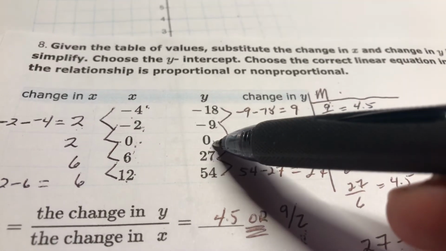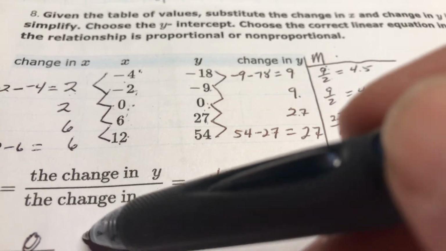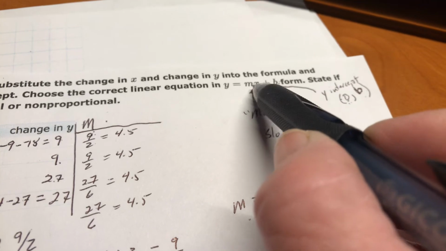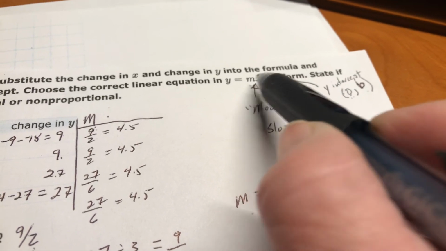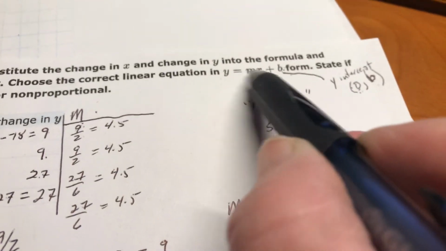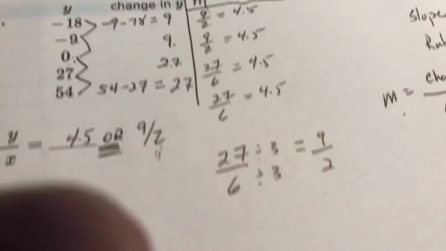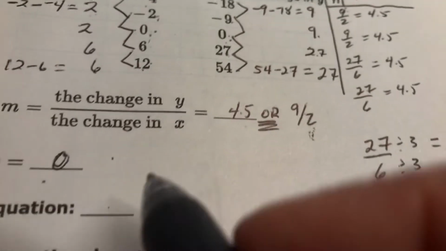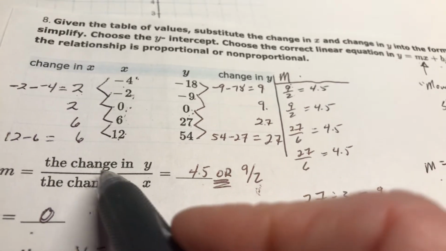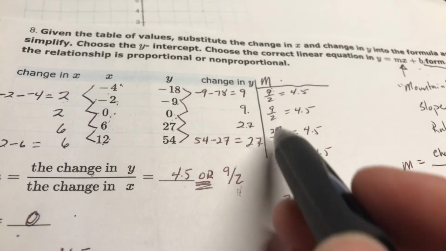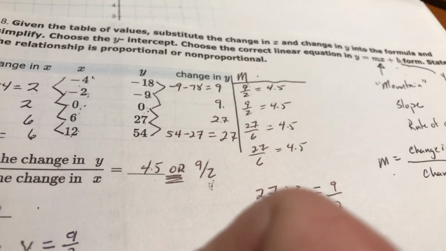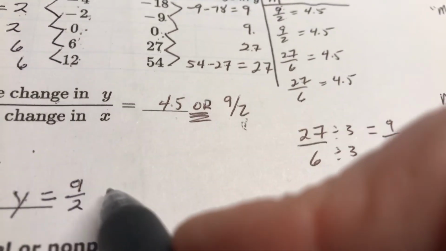Okay, so your equation is going to be this right here. The only things you're changing are the m, because that's what you found, and the b, that's what you found. You're just going to leave the y and x. So, y equals m, the slope or the change. I'm going to write it in fraction form because that's probably what your answer selection would be.